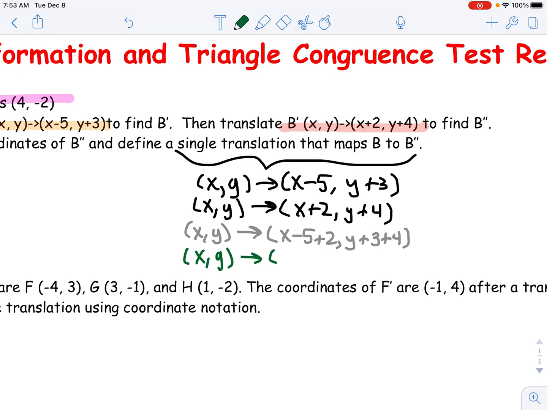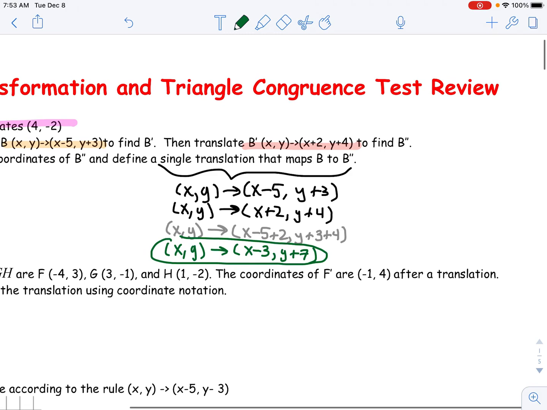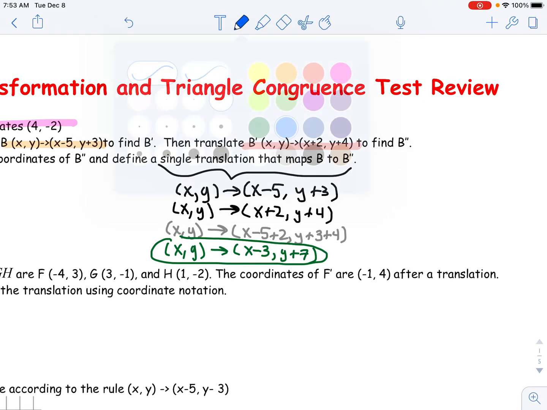What's x minus 5 plus 2? Well, that's just x minus 3. What's y plus 3 plus 4? Well, that's just y plus 7. All right, so this is the single translation. Instead of saying going left 5, right 2, up 3, up 4, we just bashed it all into one.